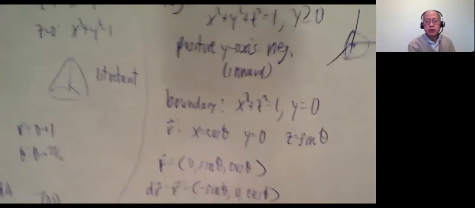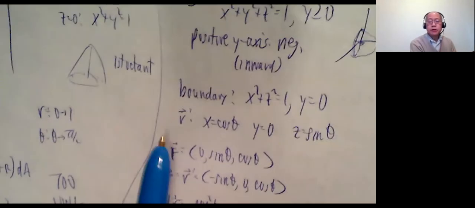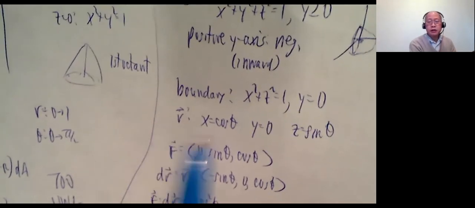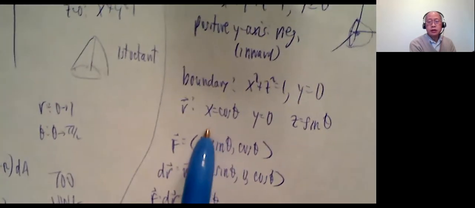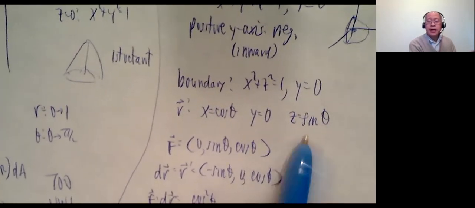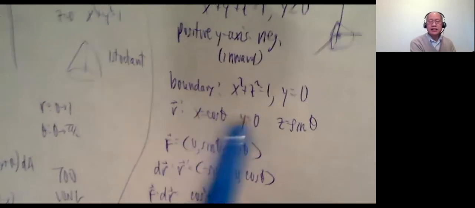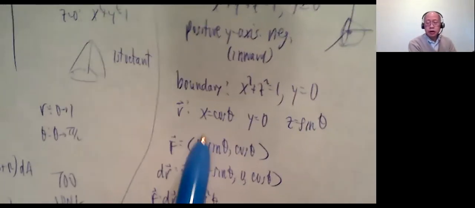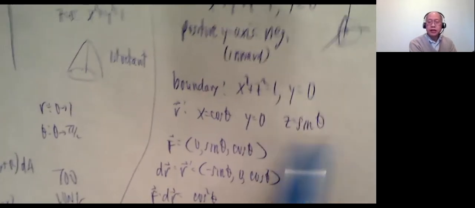Once again, switch to polar coordinates. R is a position vector: x is cosine theta, y is 0, z is sine theta. I know you're used to x and y, but here it's x and z. In the xz plane, x is r cosine theta, but r is 1, and z is r sine theta, but r is 1.